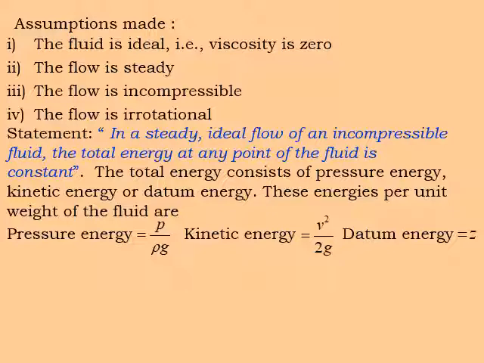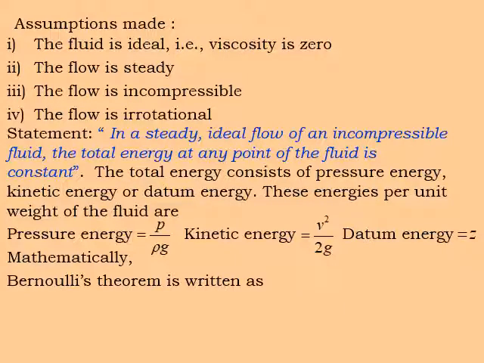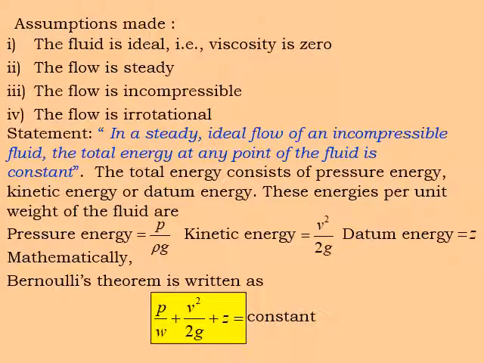The pressure energy is given by P by rho g, the kinetic energy by V square by 2g, and the datum energy by Z. Mathematically, Bernoulli's theorem is written as P by rho g plus V square by 2g plus Z is equal to constant. This is the final expression for Bernoulli's equation or theorem.